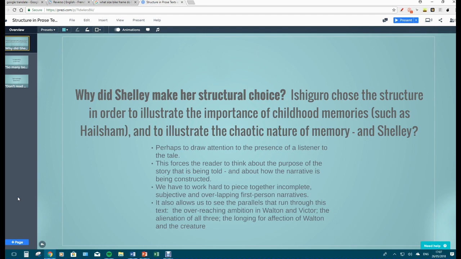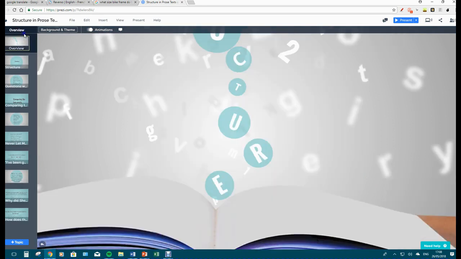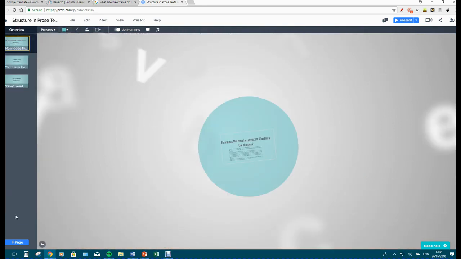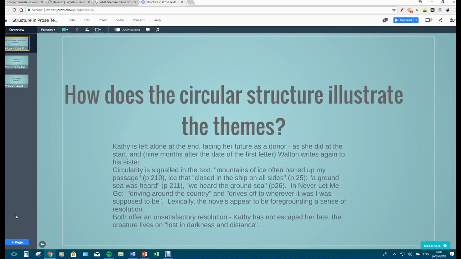So you've got the overreaching ambition in Walton and Victor, the alienation of all three of the main characters, and of course the longing for affection, which we hear from both Walton and the creature. So that's basically one reason why Shelley chose the structure that she did.